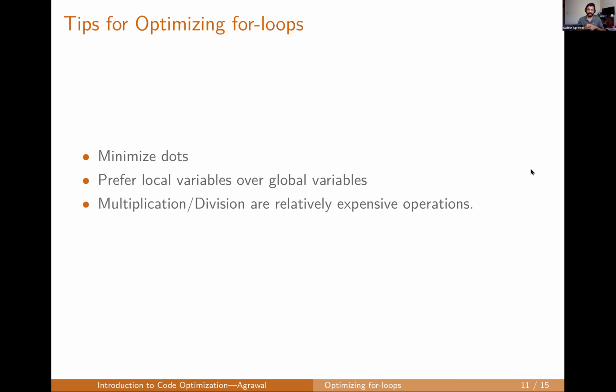you want to prefer local variables over global variables. If you are accessing some global variable in your loop, and your loop is being repeated several times, accessing a global variable takes quite a bit longer than accessing a local variable. Similarly with dots, as you have several dots in your code, that reduces your speed too.